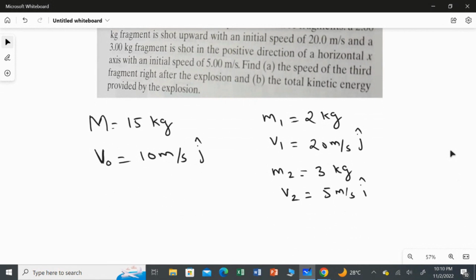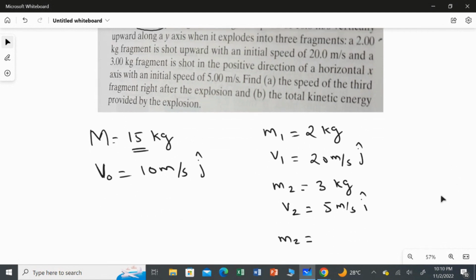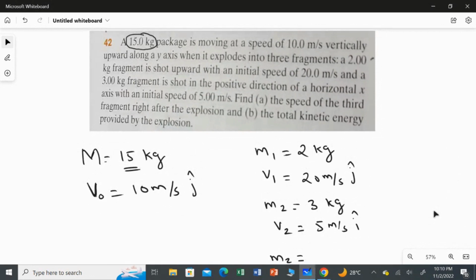Now, what is the third piece? The third piece's mass, because that information is not given here. Am I right? So what is the total mass? The total mass is 15, and this mass is broken into three fragments. The first fragment has 2 kilogram. The second fragment has 3 kilogram. So what should be the mass of the third piece? You have to read the question very carefully, brother.